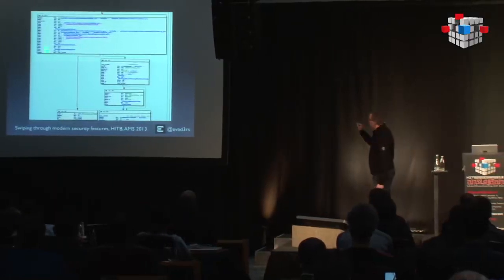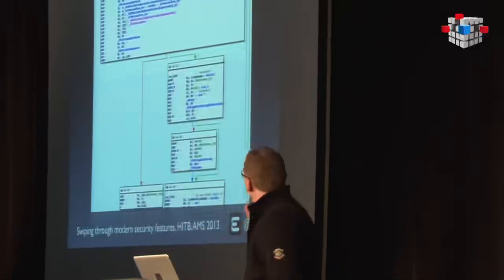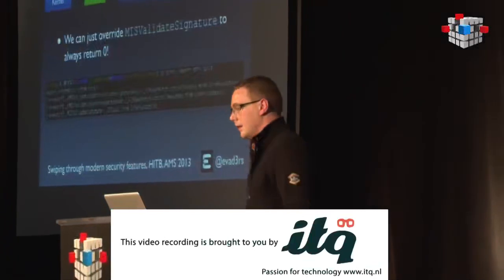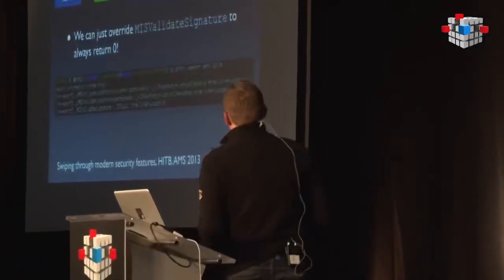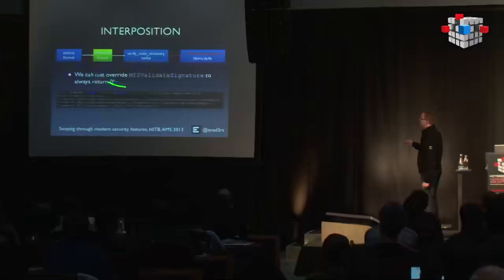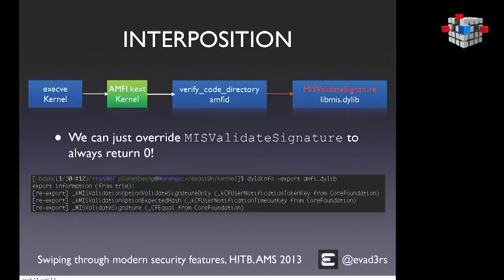And this particular call happens in the libmis dylib that is required by AMFID to work. So we can interpose that one somehow. Here is the idea. We override that call so that it always returns 0, by forwarding it to another random function in the shared cache.